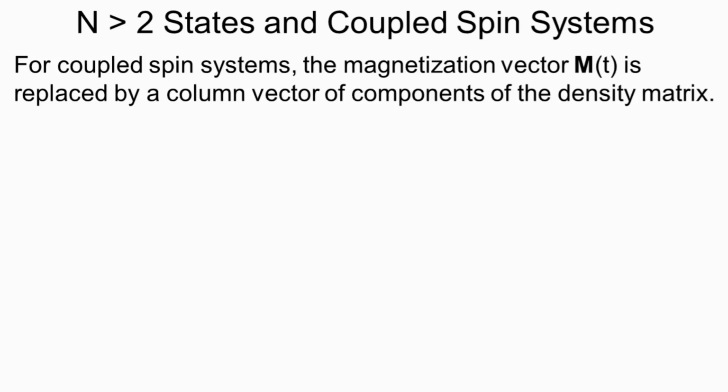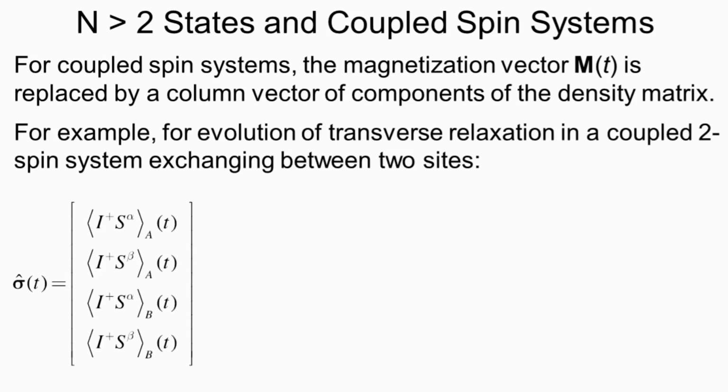Now, for coupled systems, we simply have to replace our column matrices that were the magnetizations with the density operator terms, the operators that would include things like antiphase magnetization that would result from evolution of scalar coupling. So this is quite simple. So here, for example, if we have a 2-state process, but we want to consider what happens to the multiplets, I simply have to have a column vector that includes the appropriate operator terms.